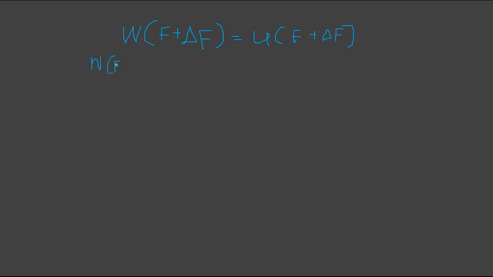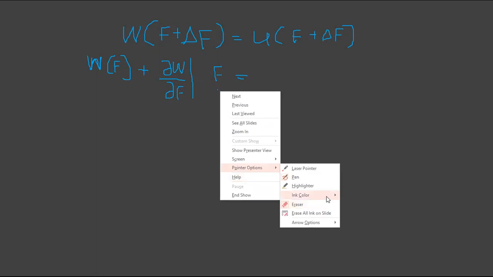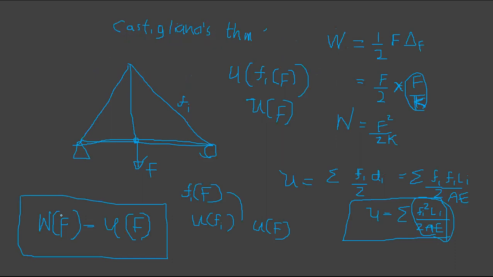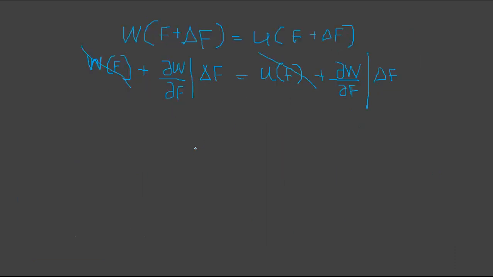So that's going to be W at F plus partial differentiation of W with respect to F into delta F. You remember W at F is equal to this function, so you can cancel those two, since they are anyway equal.